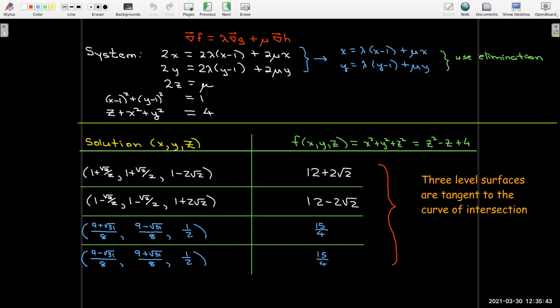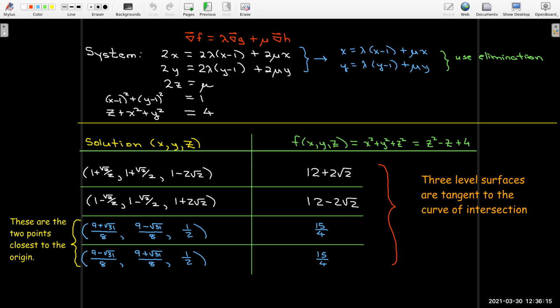And then there's another level surface with a greater radius where it's tangent to the curve at this point. And then finally, there is a third level surface which is tangent to the curve at that point. And so again, we have solved the problem. We found the 2 points that are closest to the origin.